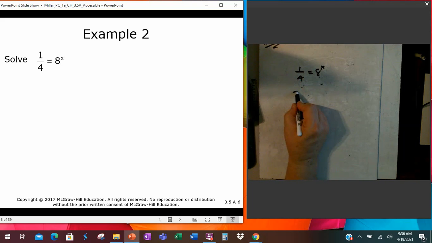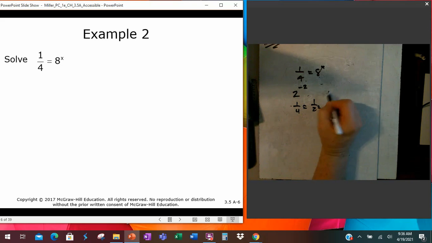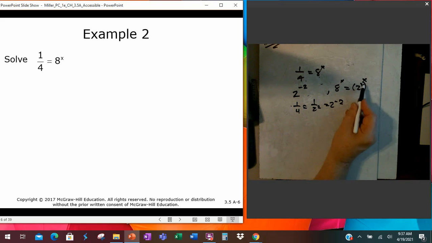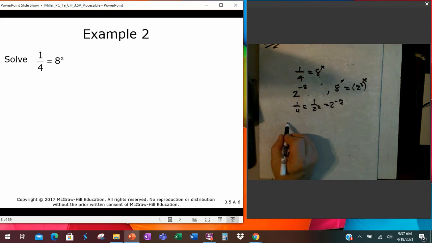So 1/4 would be 2 to the negative 2, which is 1 over 2 squared. On the other side, 8 to the x is just 2 cubed to the x.